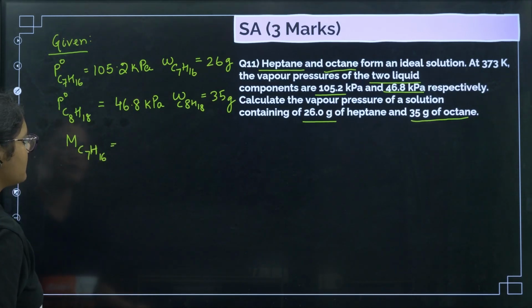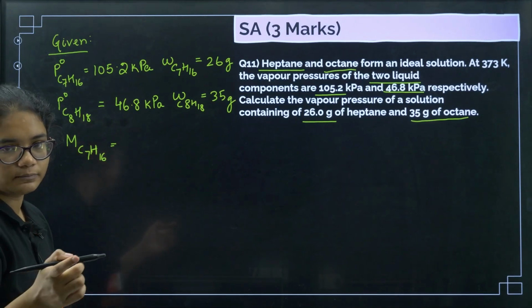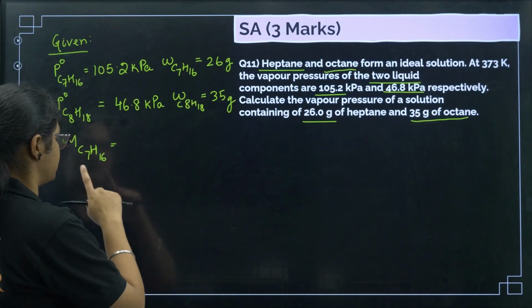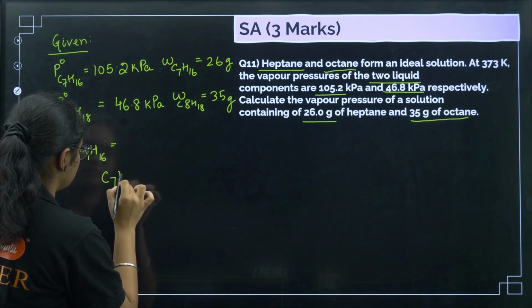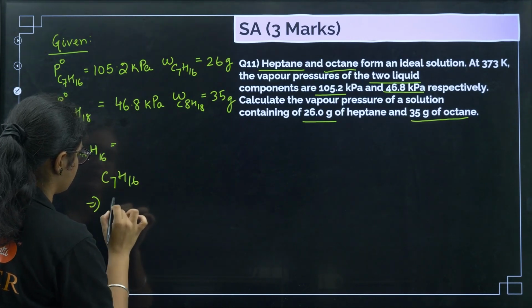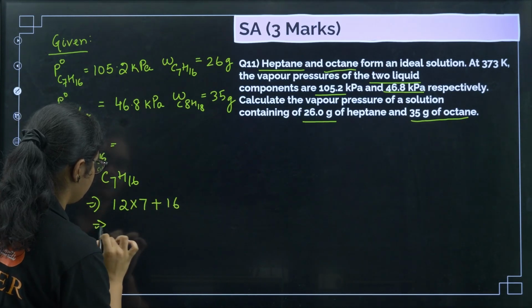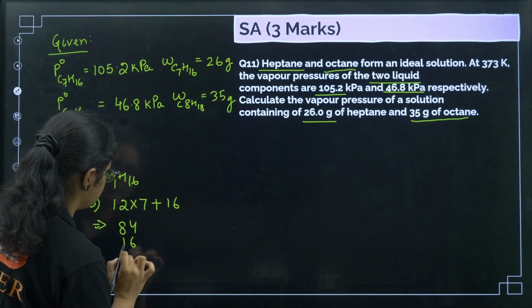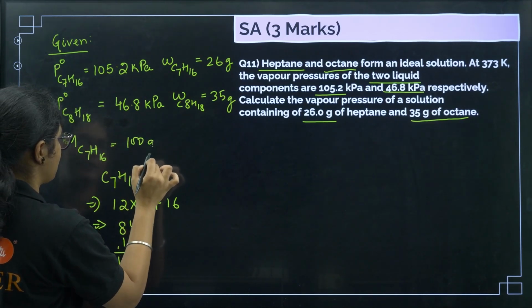What will be the molar mass? Just calculate 12 into 7, that is 84, plus 16. So that is 100. So this molar mass is 100 gram per mole.